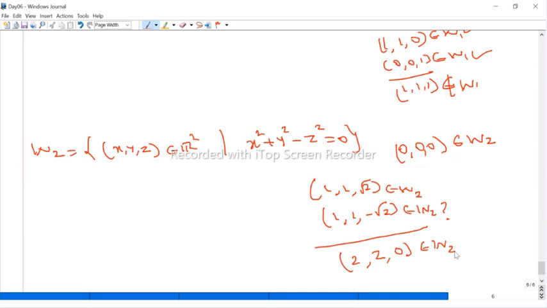But (2, 2, 0) is not an element of W2, because the squares of the first two coordinates give 4 plus 4, and the third is 0, so we get 8, which is not 0. Therefore the sum is not there, and this is not a subspace of R3.